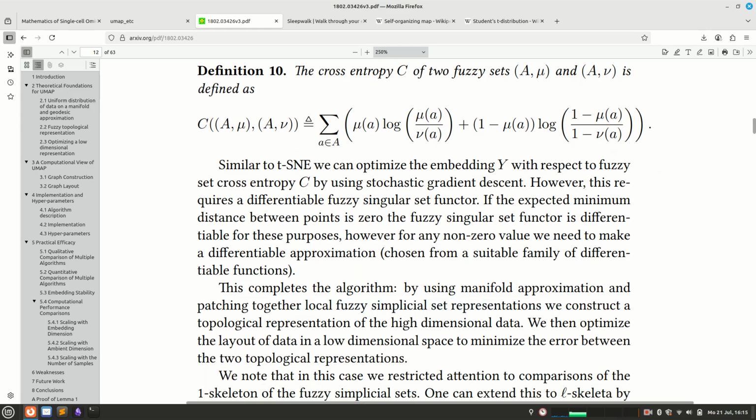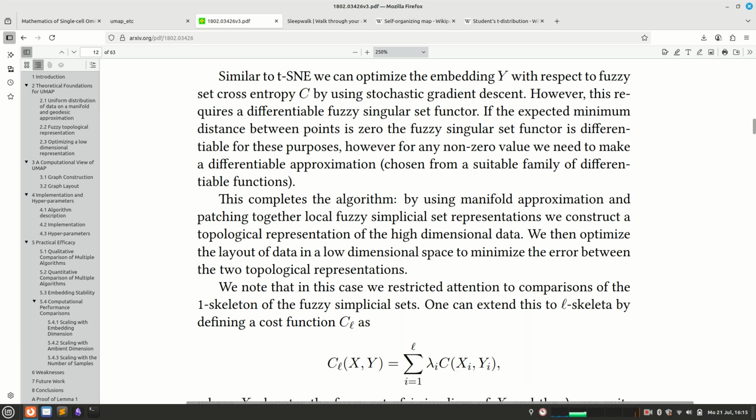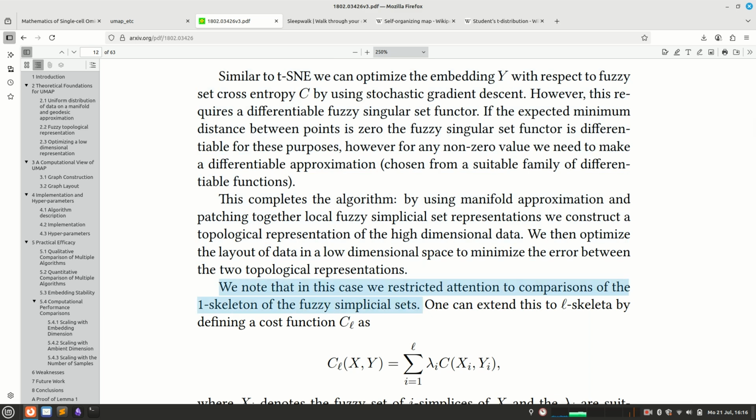And then after you've worked through, I don't know, 12 pages, you come to this great sentence: we note that in this specific case, we restrict attention to comparisons of a one skeleton, which is restricted to simplexes of 1 dimension.